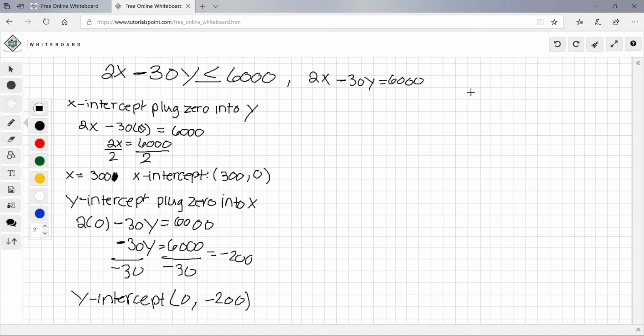When there's an equal sign, that means the line is solid. And when it's just regular less than, it's dashed. So let me graph it.